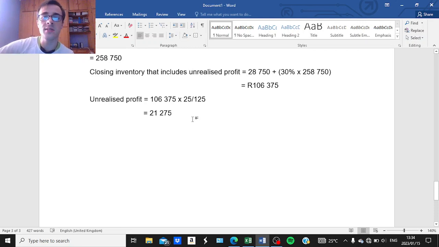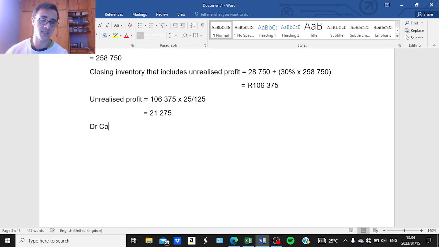So when we eliminate this unrealized profit, we need to decrease the actual profit made in the current year by Grazing Ltd, because that company sold the inventory intergroup, and we will do so by increasing their cost of sales account.